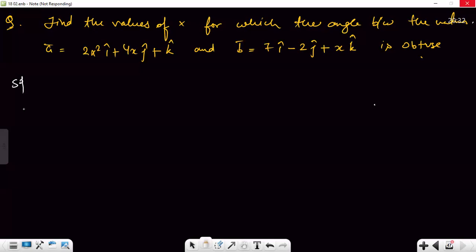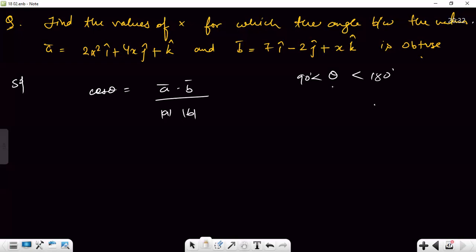Only one thing is unknown, that is the x, the variable. So how do we find out the angle? By taking the dot product, dividing by their magnitudes, right? So one thing that is very sure is that theta is lying between 90 and 180.